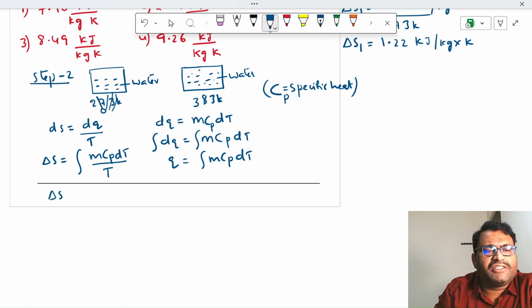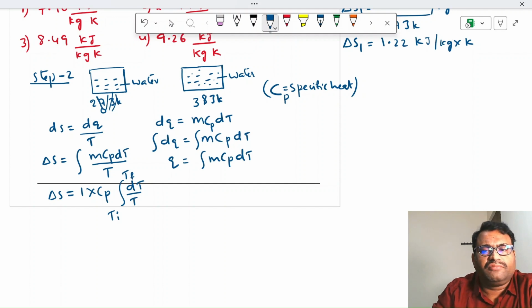So delta S is equal to mass 1 into Cp into the integration of dT by T, with limits from initial temperature to final temperature.